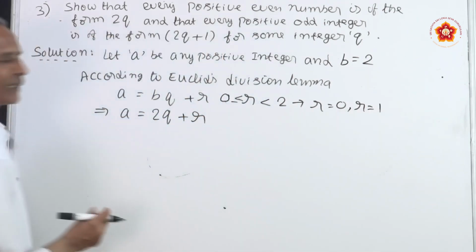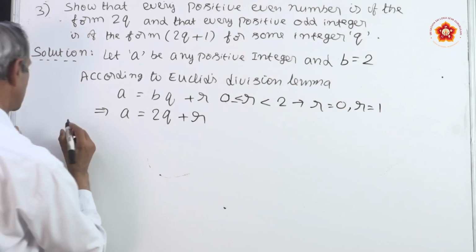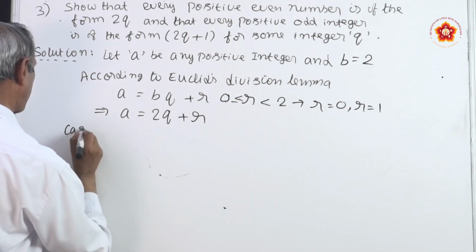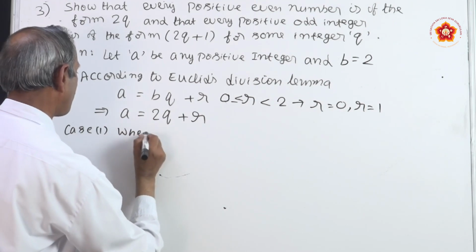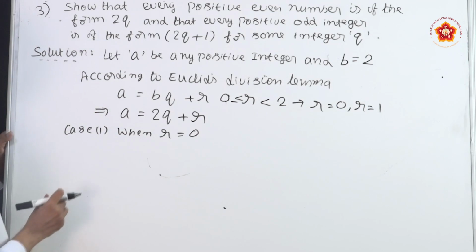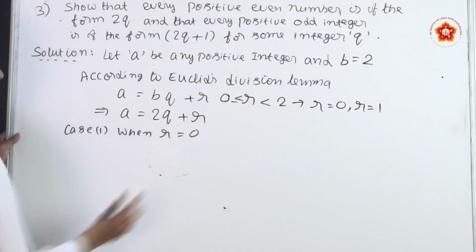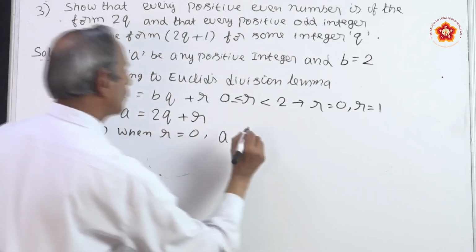There are two possibilities. Therefore, A is equal to 2Q plus R. Case 1, when R is equal to 0, we get A is equal to 2Q only.